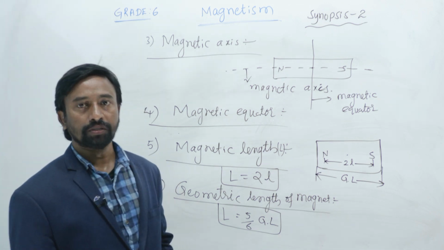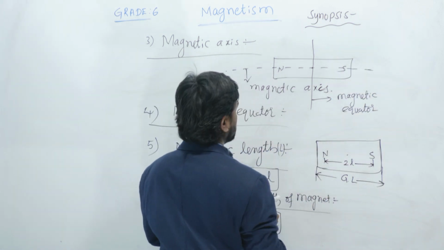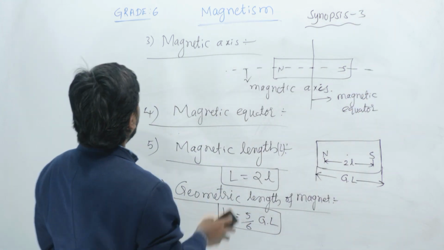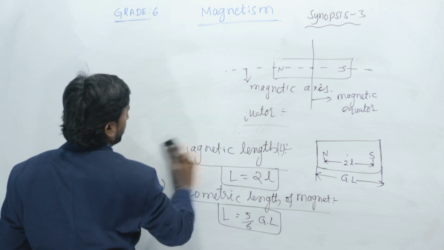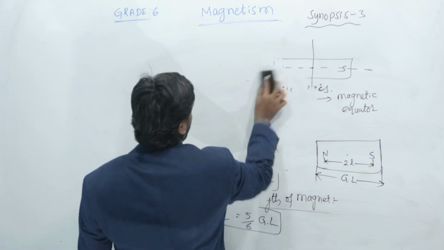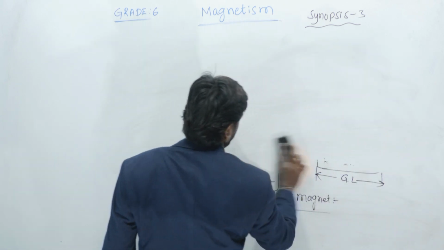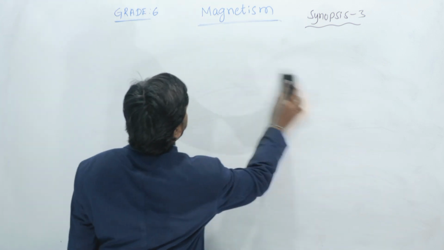Now we are going to see synopsis 3. Synopsis 3 explains how to make a magnet, the magnetization or demagnetization of magnetic materials, and what permanent and temporary magnets are. All of these we are going to study in this synopsis.